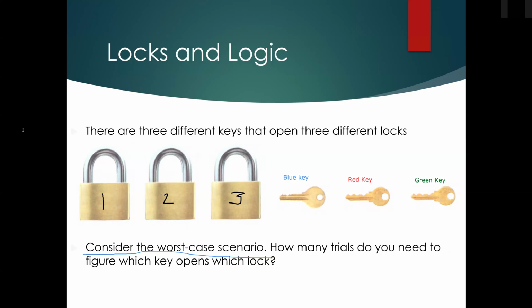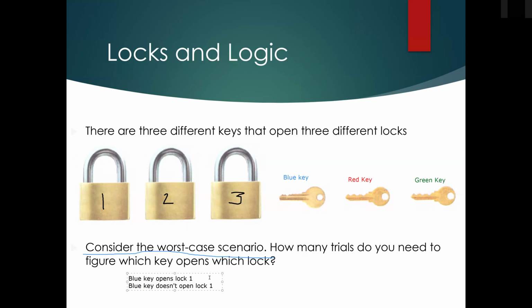So for our first trial, let's say that we take the blue key and we test it on the first lock. So consider what the 2 possible outcomes can be. The possible outcomes are that the blue key opens lock 1, or the blue key doesn't open it.